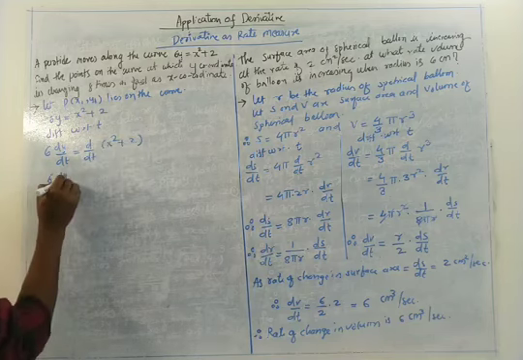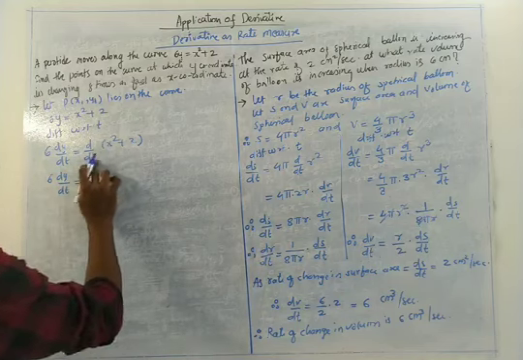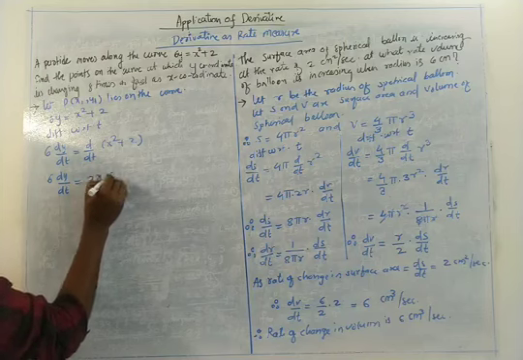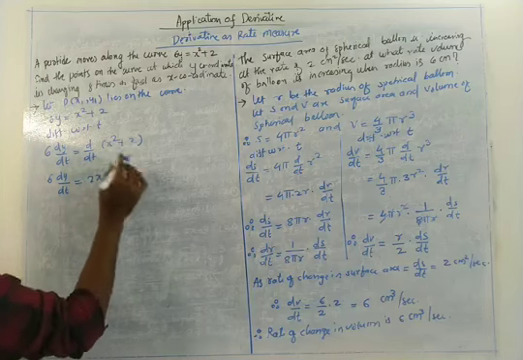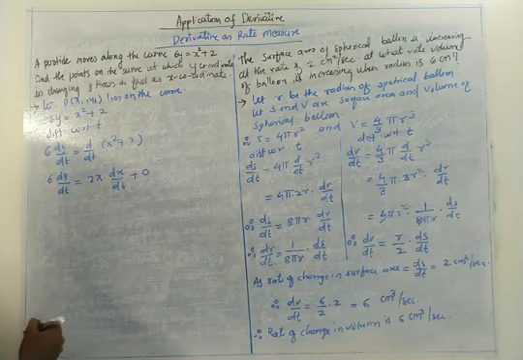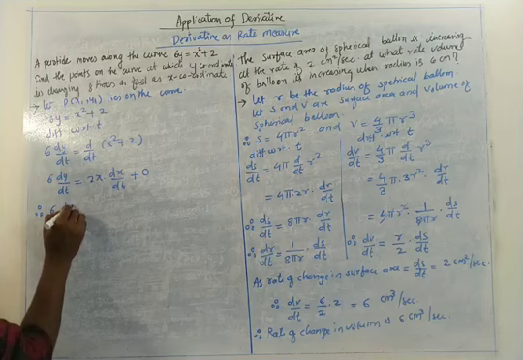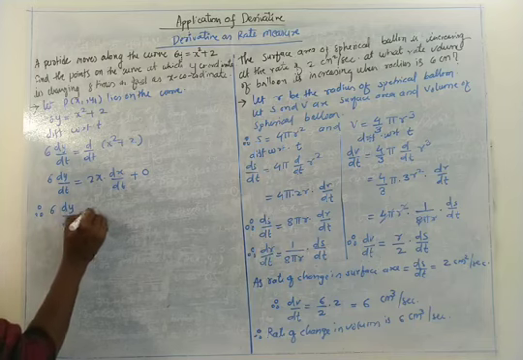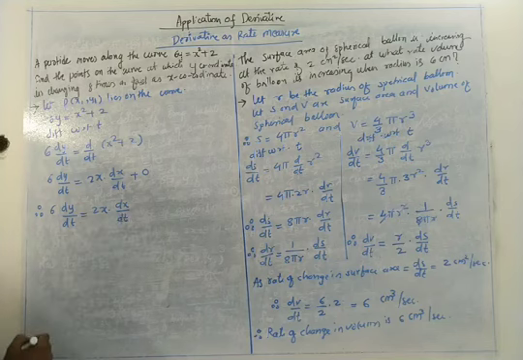So 6 dy by dt is equal to the derivative of x square with respect to t, that is 2x into dx by dt, plus the derivative of 2 with respect to t is 0 because 2 is a constant term. So therefore 6 dy by dt is equal to 2x dx by dt.